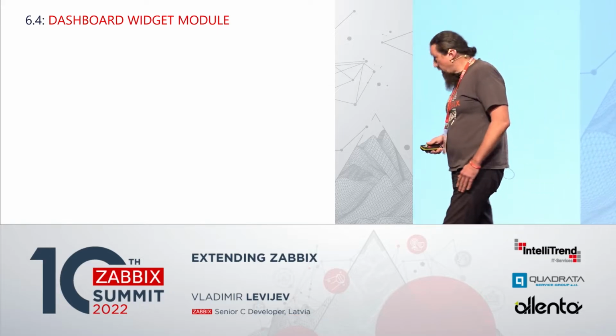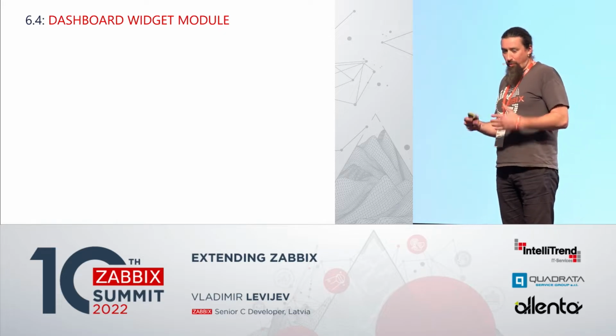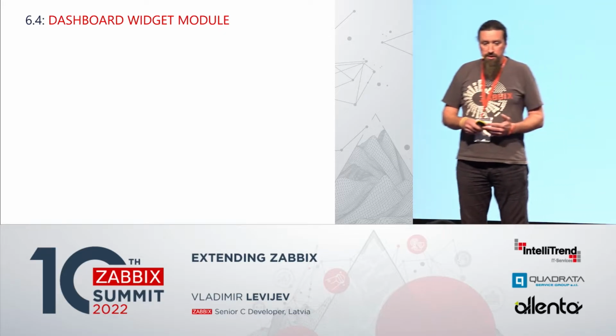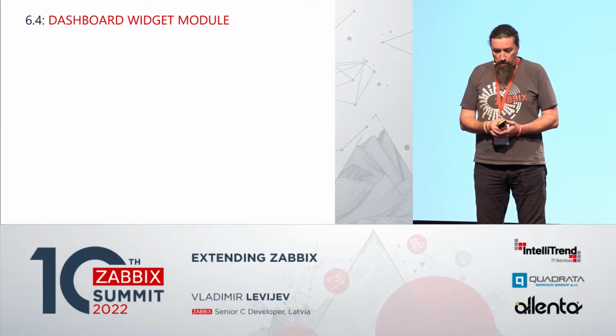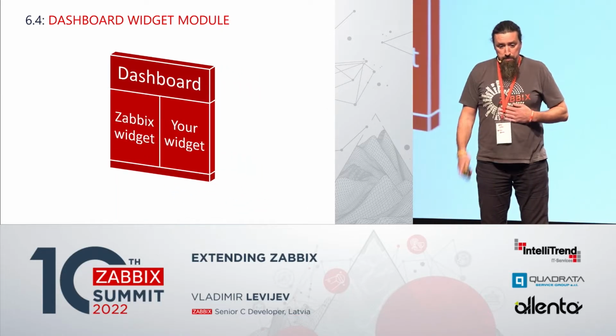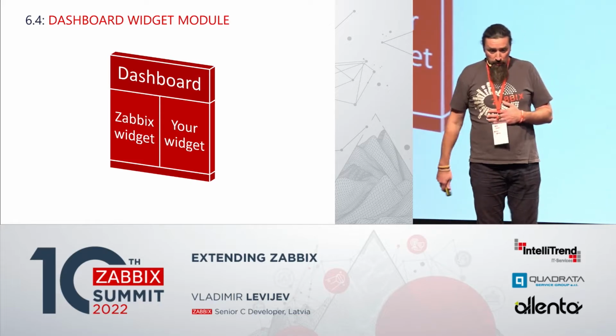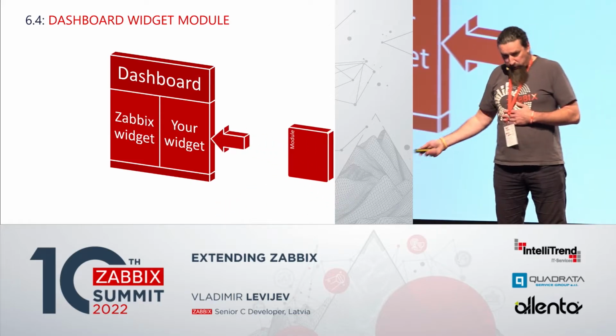Next, as Carlis was saying, that was a module of type module, let's say, and in 6.0 it's planned to have a module of type widget, in which case, besides Zabbix widgets, you can add your own with the module.